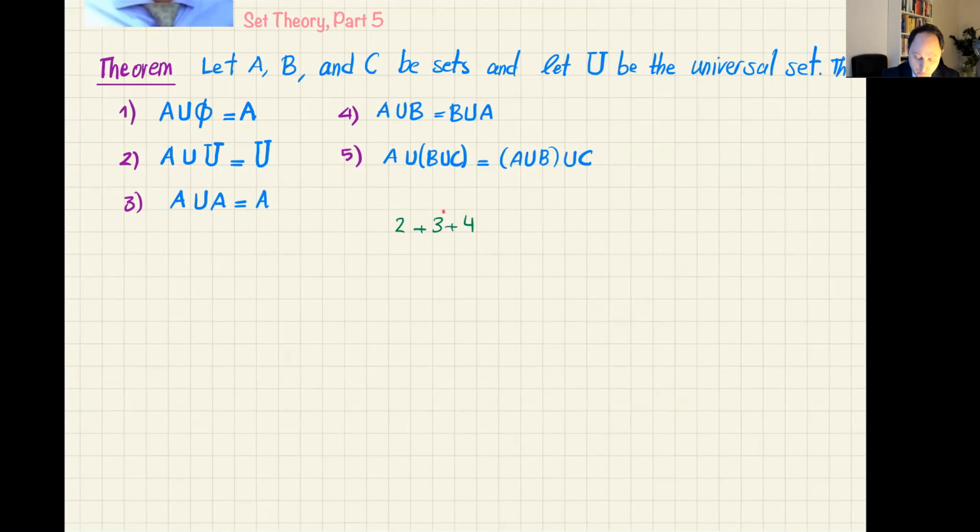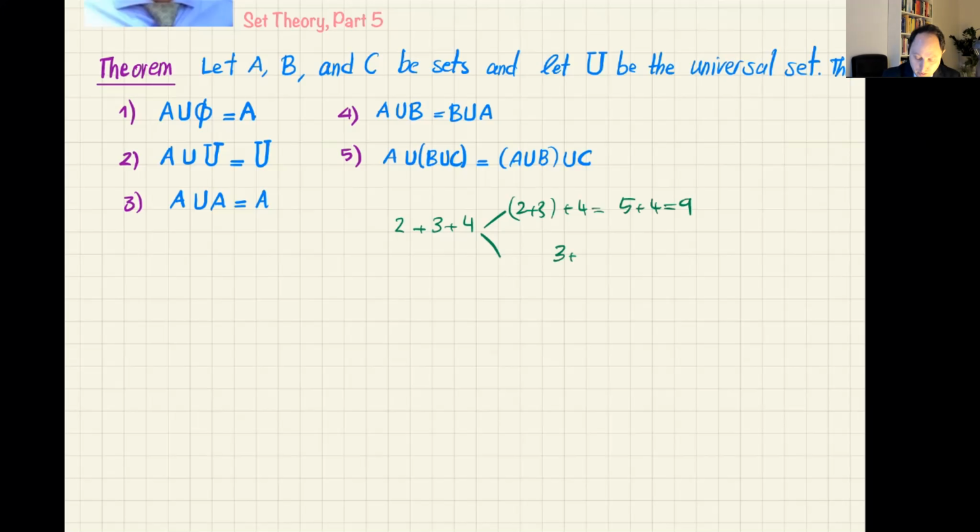I can do 2 plus 3 first, and then add it to 4. This becomes 5 plus 4, and the answer is 9. I can also do the other one first and then do it with 2. The operation is a little bit different in order, but the final answers are the same.